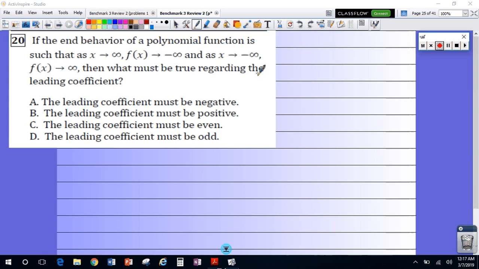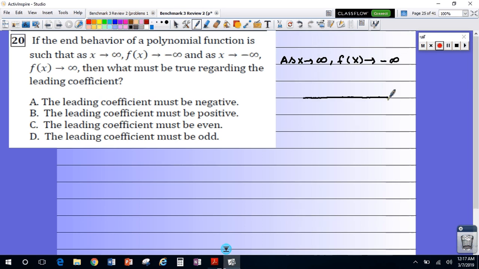Problem number 20. If the end behavior of the polynomial function is given here in a mathematical form, then what must be true regarding the leading coefficient? Only the leading coefficient, right? So we separate these two statements first. As x tends to infinity, your first statement is f of x tends to negative infinity.